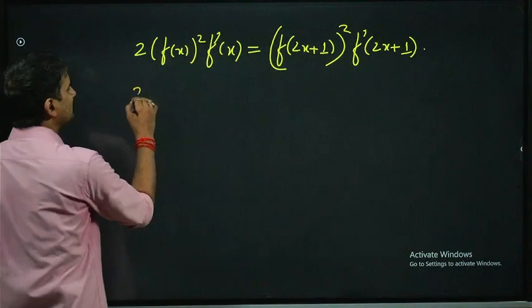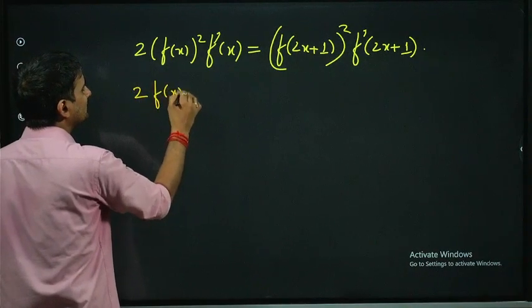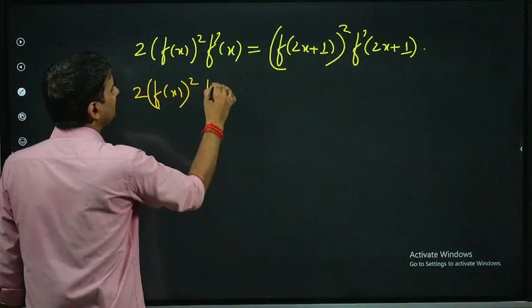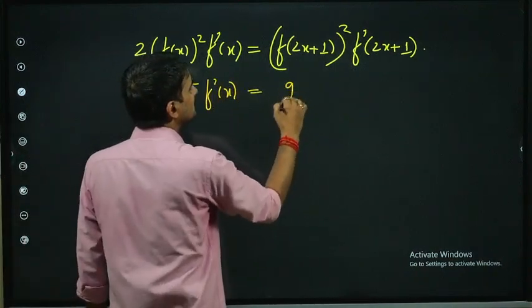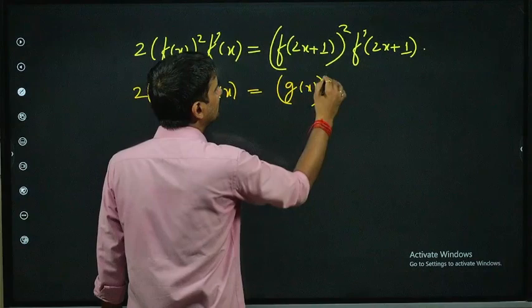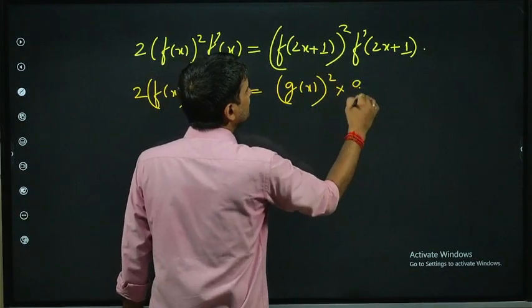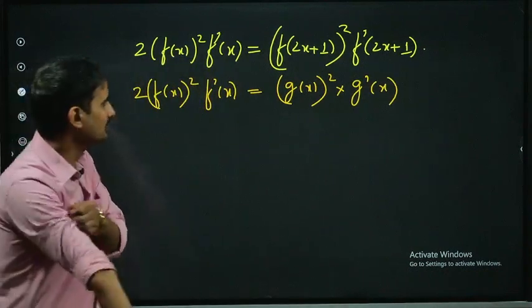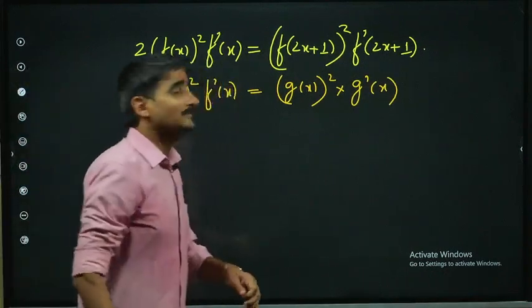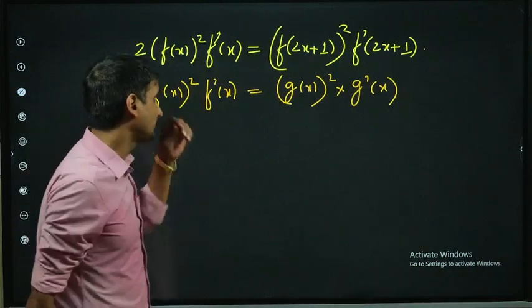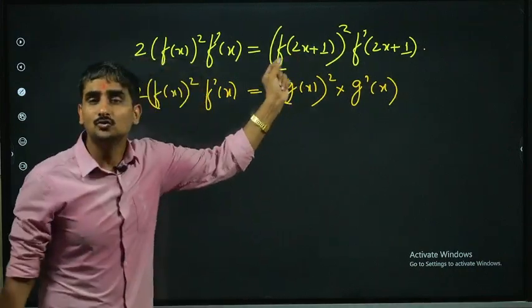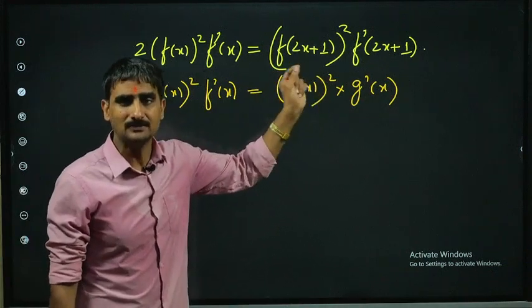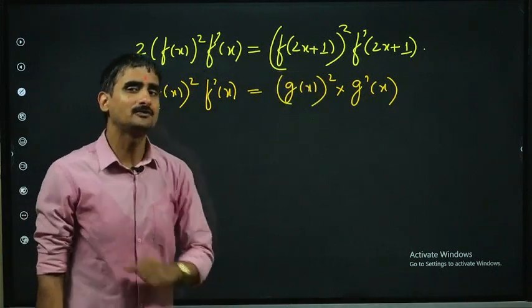Okay, so it is 2 times f(x) whole square f dash x is equal to g(x) whole square into g dash x. Isn't that so, bachcho? We have to take care of one thing, that here 2x plus 1 has to be replaced by t, so we have to take care of it while integrating.